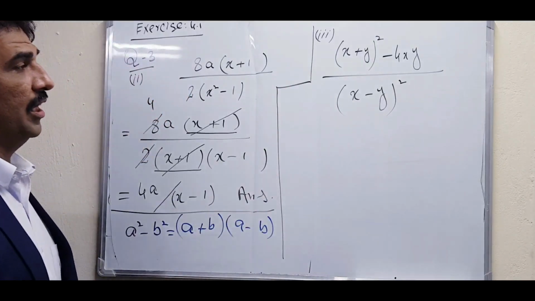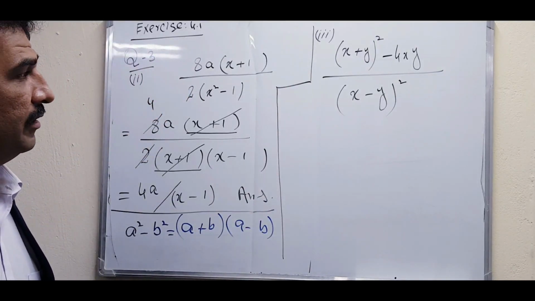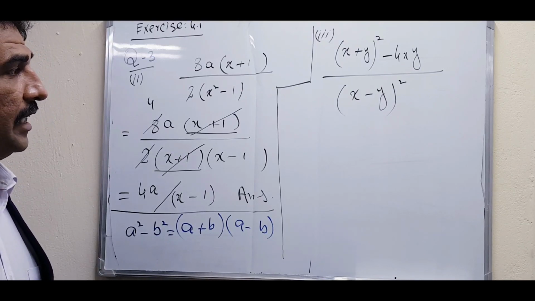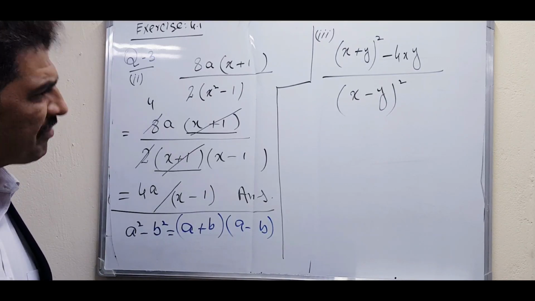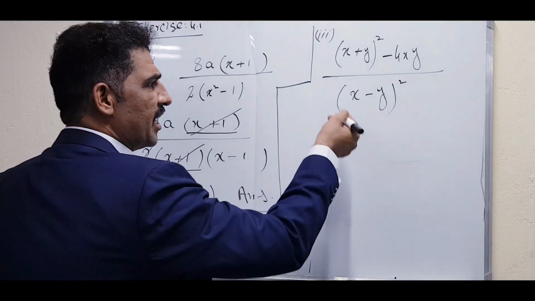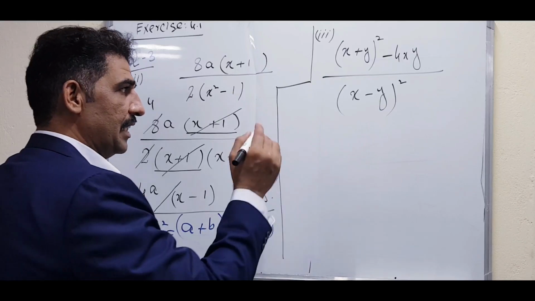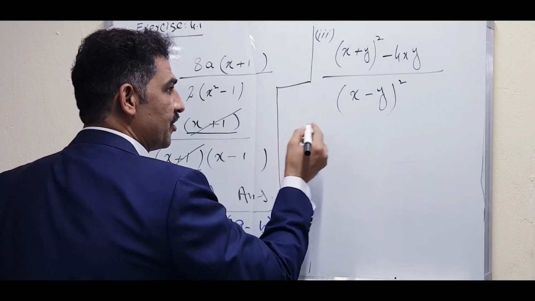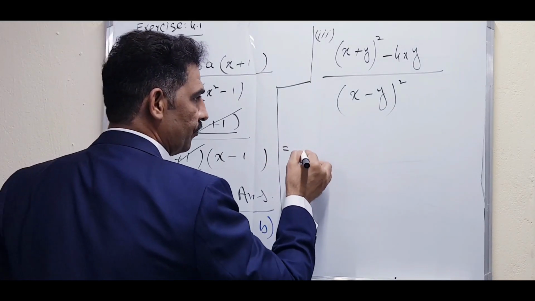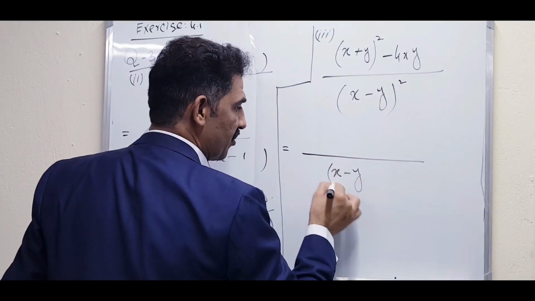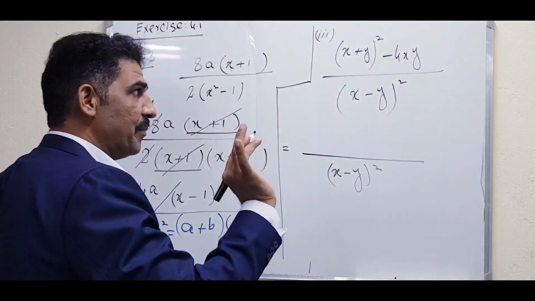So which formula do we have to apply here to be able to solve? Yes, there are two methods. We just have to expand it, because another formula is also possible to apply here, but we will apply it in the next term. Otherwise, the denominator will remain the same. Don't touch the denominator. X minus y whole square will remain the same.